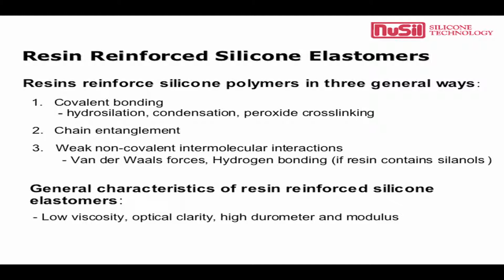You can get optical clarity, so intraocular lenses are typically resin filled. You get high durometer, so hard, flowable, clear material. If you were making an IOL, that's what you'd be looking for. If you were making an LED, that's what you would be looking for.